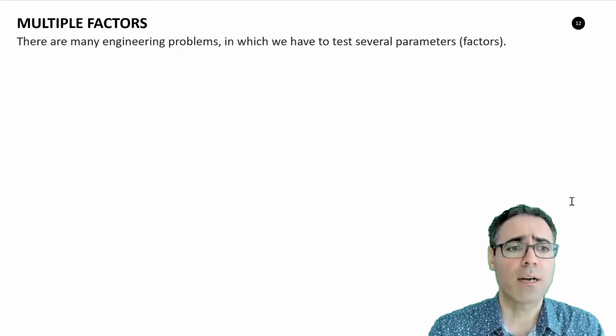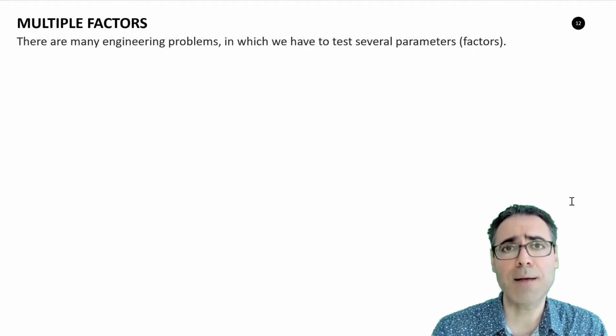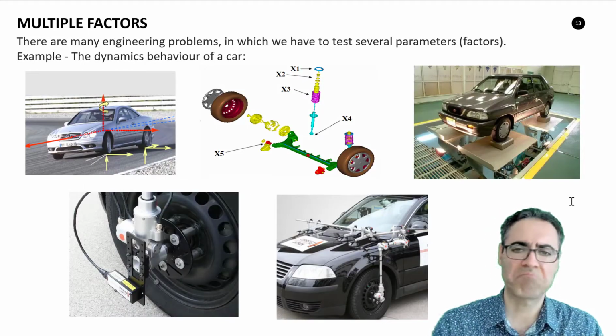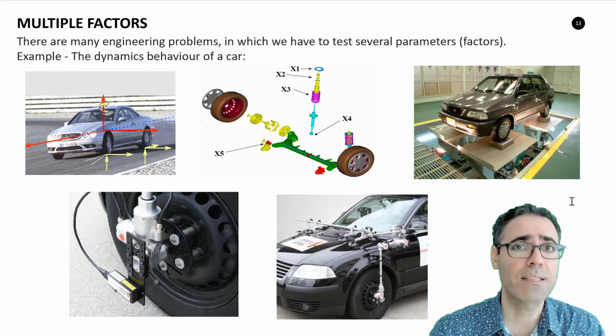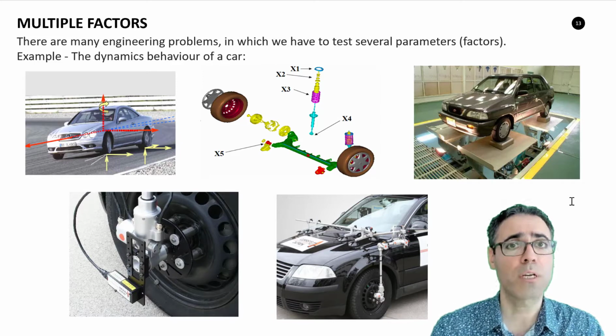Then let's move on to multiple factors. There are many examples in engineering that involve testing more than one factor, right? Let's look at this example from my work when I used to work at a car manufacturer.